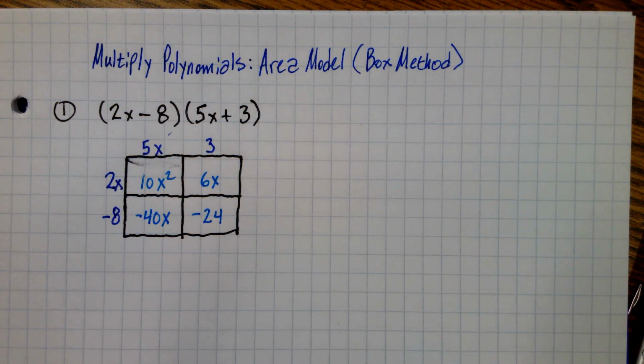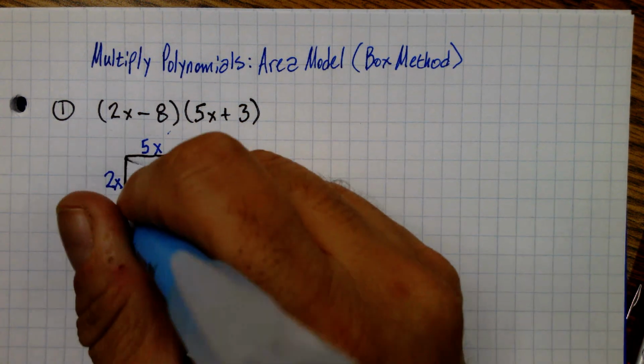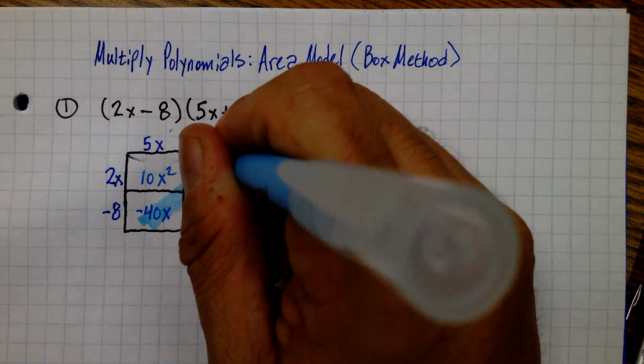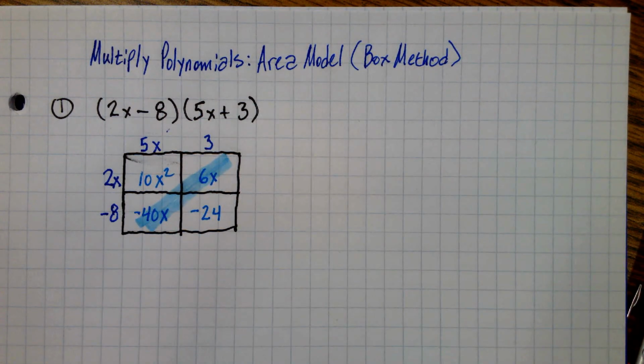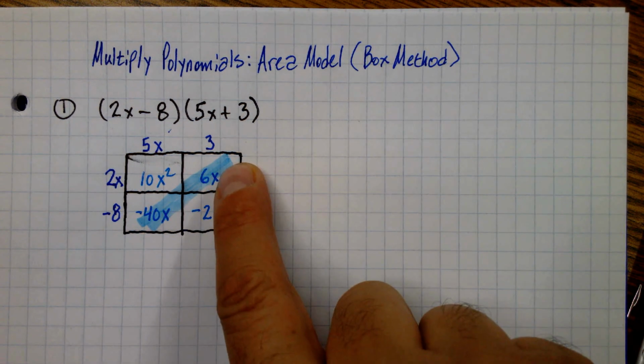Okay. So now, I want you to pay attention to one thing. Let's look at this diagonal here. What do you notice about those two terms? They're like terms, right? Do you see that? You get negative 40x and 6x.